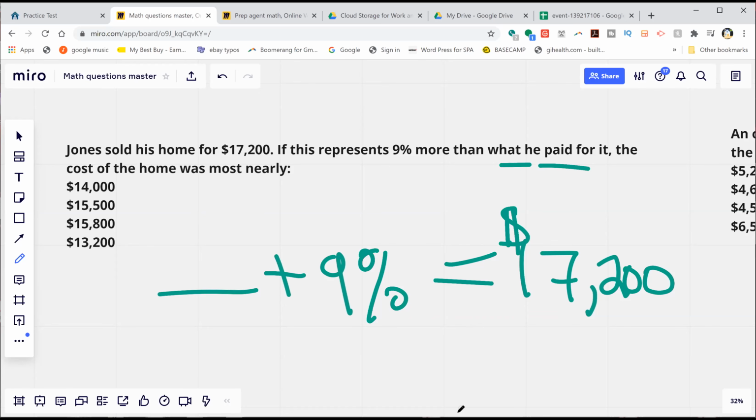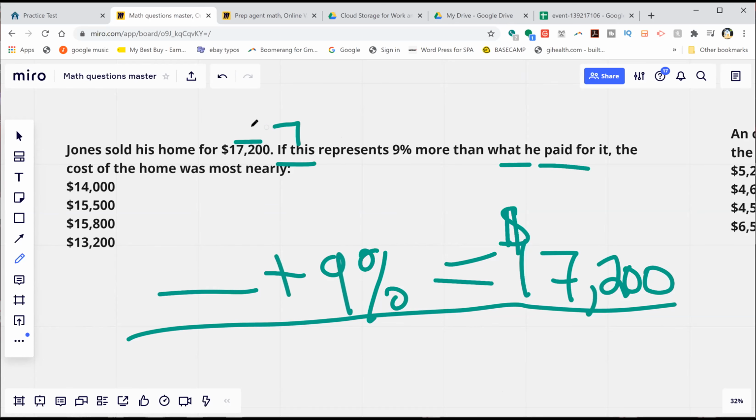No. Look at what I just wrote out. 17,200 is with the 9% increase, right? Because it says he sold his home for 17,200. If this, meaning the 17,200, represents 9% more than what he paid for it, the cost of the home, which is what he paid for it, is most nearly what?